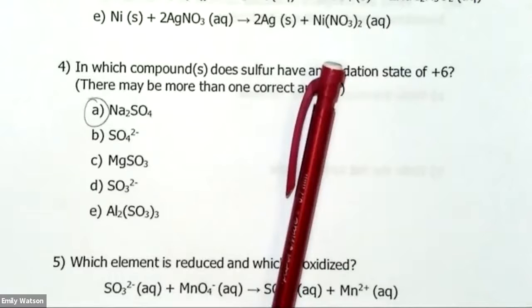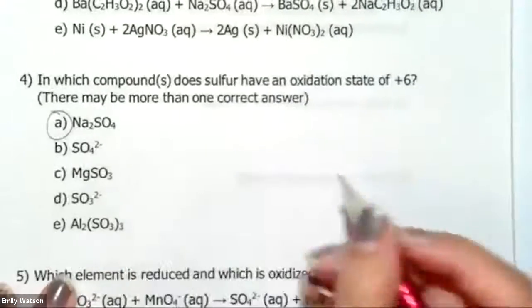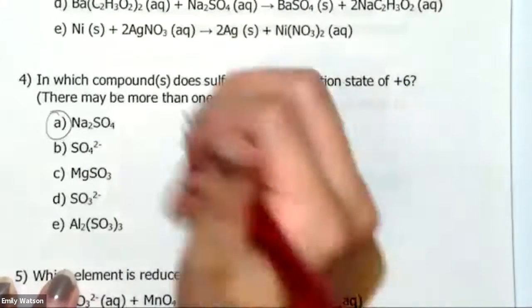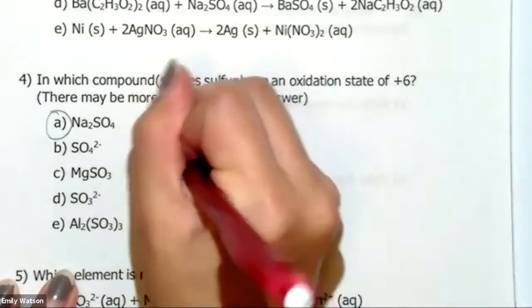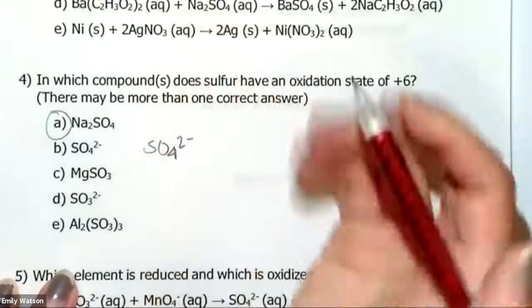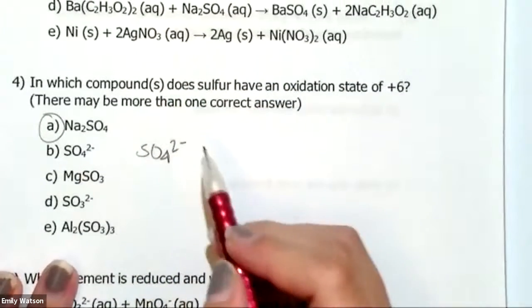Not -2, but I see where that comes from. So let's go ahead and break this down. We have SO4 2-, so that means we need to add up to -2, right?